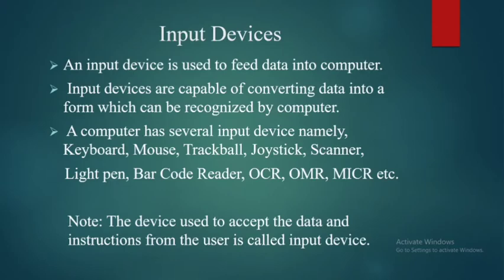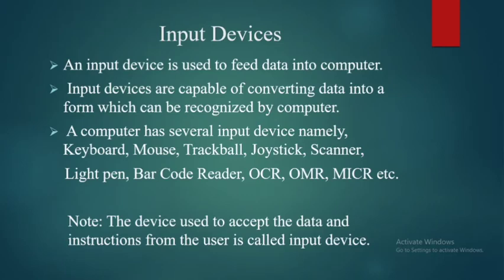Okay, a computer has several input devices. So in this we are naming some input devices. For example, we know that keyboard, mouse, trackball, joystick, scanner, light pen, barcode reader, OCR, optical character recognition, OMR, and MICR, etc. Okay, so these are some of the examples for input devices.